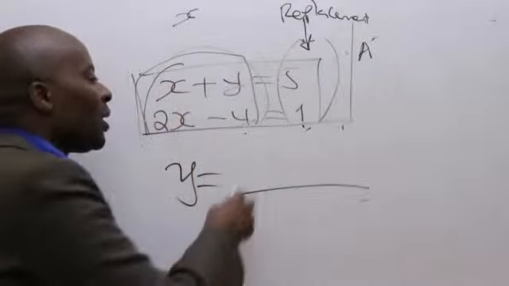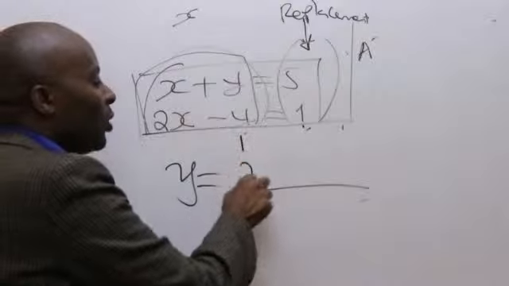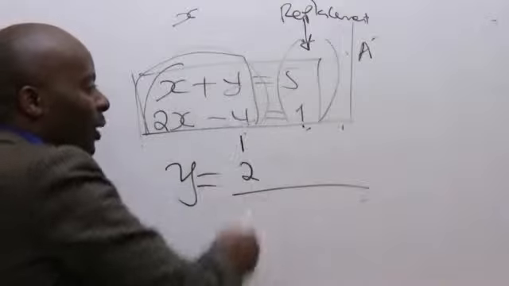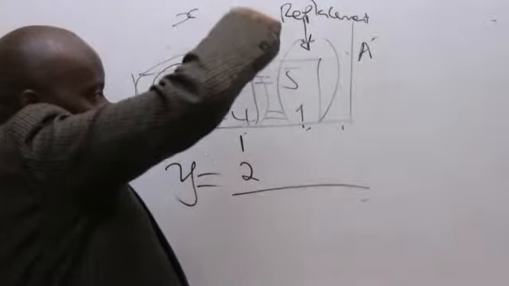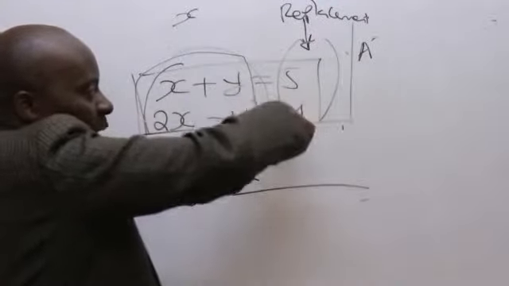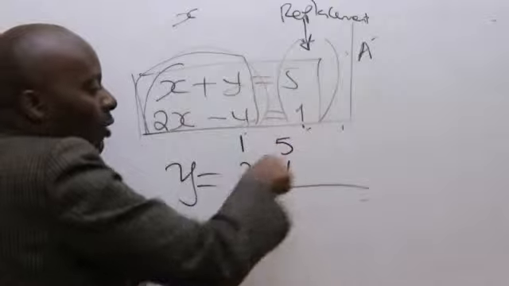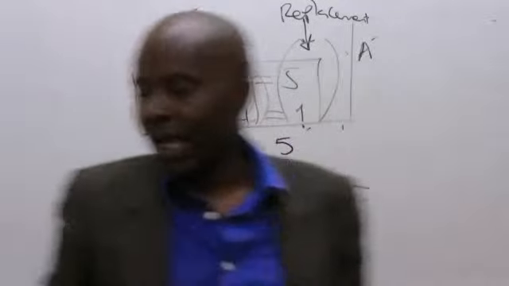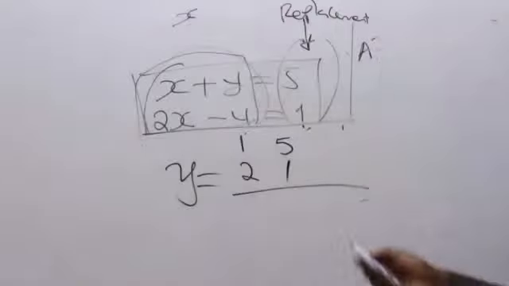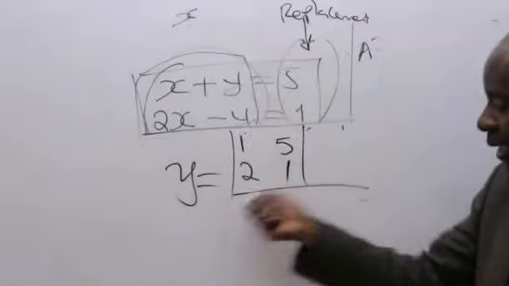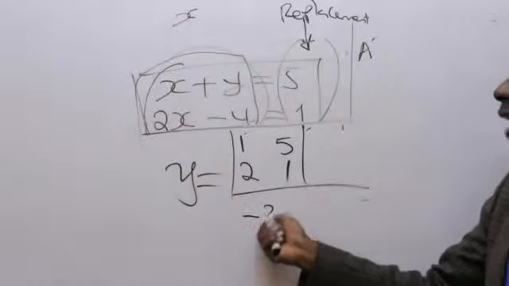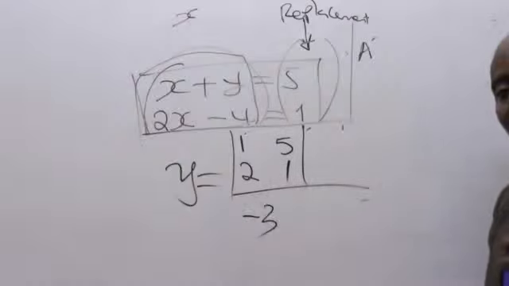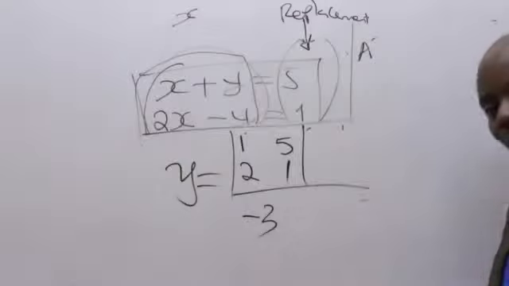So the first column will be 1, 2. And then y's column disappears. What happens with it up there, we don't want to know. All that we care to know is that there is a replacement, which is 5 versus 1. And then, of course, the most important thing, we want to get the determinant there. And this determinant must be divided by the determinant of the base, which normally works out for every unknown variable.